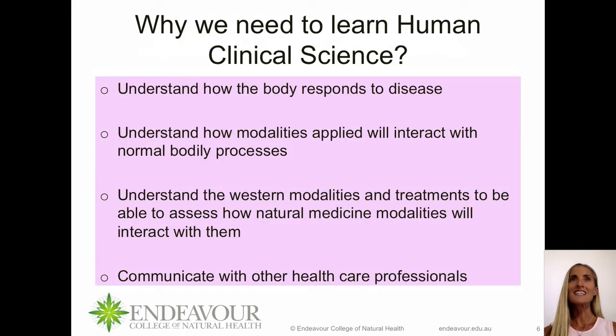So why do we need to learn human clinical science? We need to understand how the body responds to disease. The body can respond in different ways depending on various factors. Does the person have any comorbidities? And when I say comorbidities, I mean other diseases that may be impacting on the disease that you're looking at. How do these different disease states impact each other?